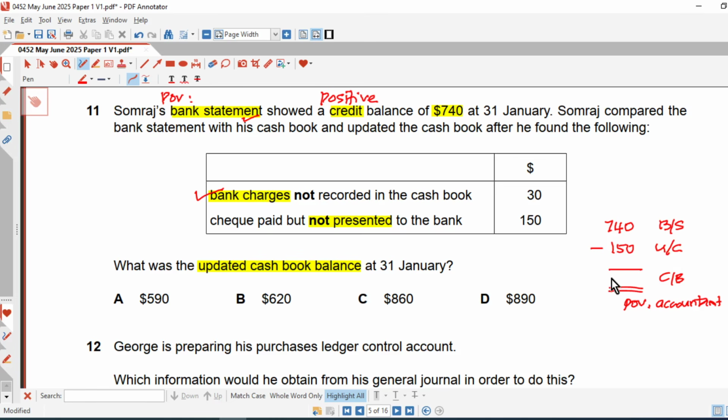So 740 minus 150, my balance as per adjusted cash book would be 590. Alright, so you don't adjust for the bank charges, don't deduct the 30, don't add a 30. It's already adjusted, it's already in the 740 balance.